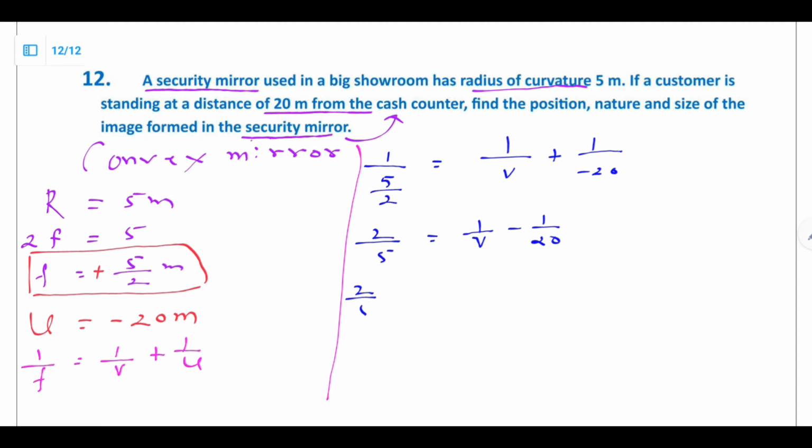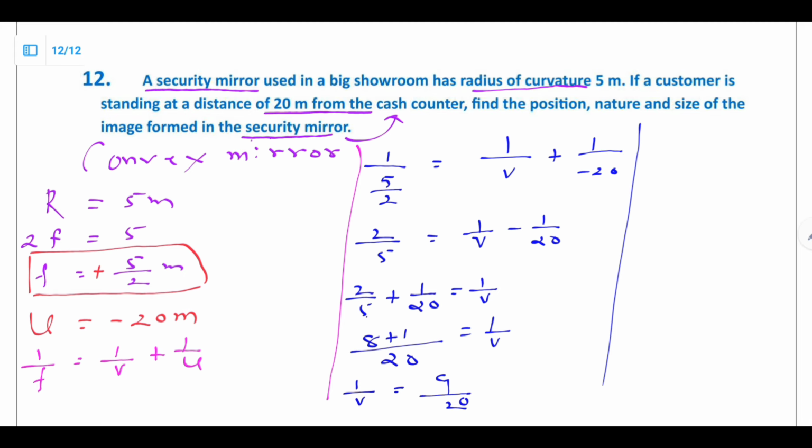Then 2 by 5 plus 1 by 20 equals to 1 by v. Now 5 comma 20, LCM is 20. 5 fours are 20, 4 twos are 8, plus 1 equals to 1 by v. Then 1 by v equals to 9 by 20. Then what is the v value? v equals to 20 by 9 meters.